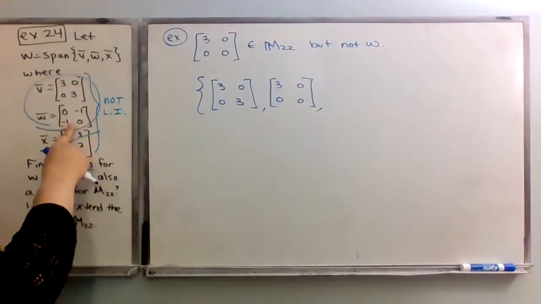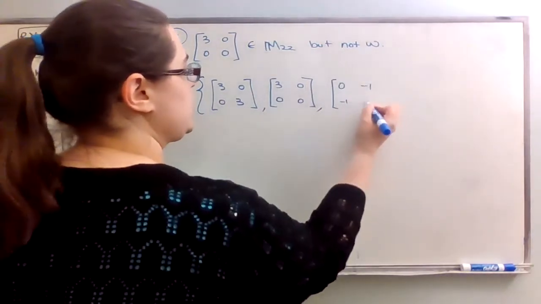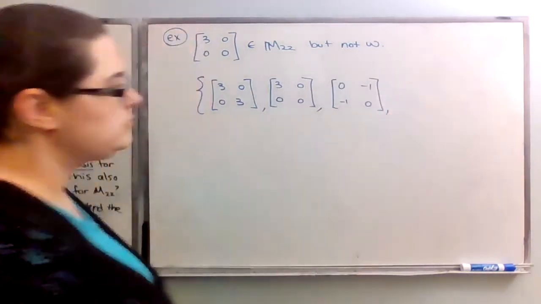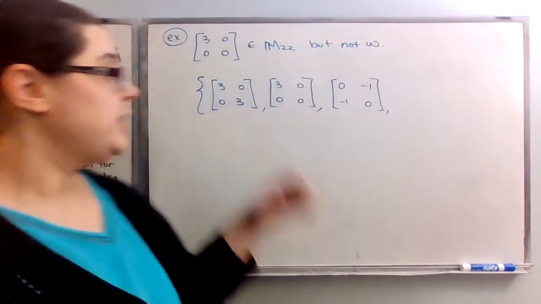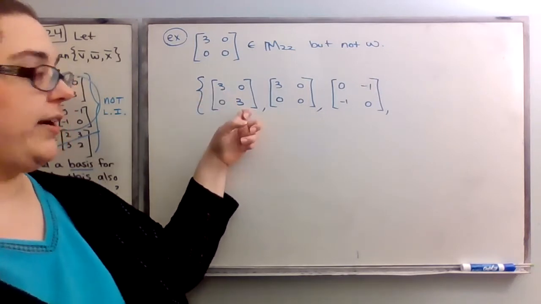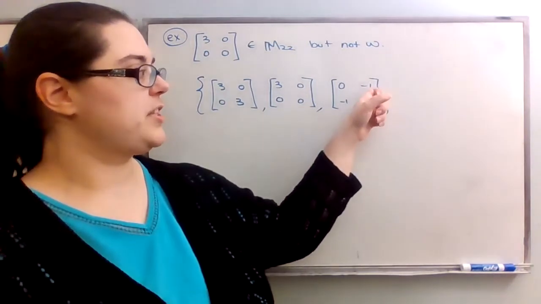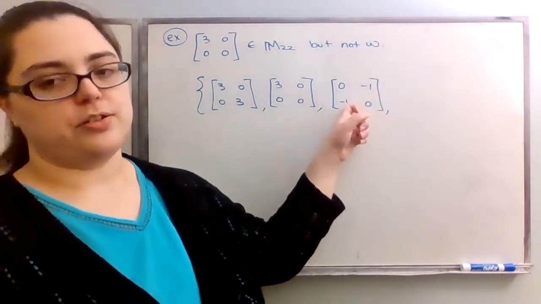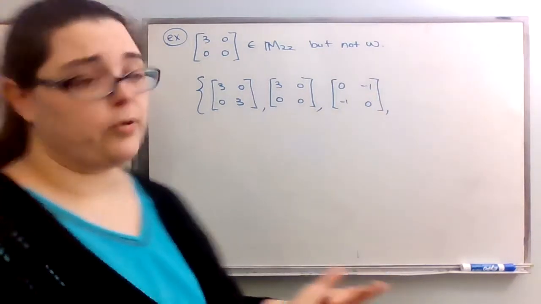We also have W, which is 0, -1, -1, 0. And this matrix is going to create a similar problem that this matrix did, where whatever the top left had to be, the bottom right also had to be. Here we have a situation where whatever's in the top right also has to be in the bottom left. So I have to accommodate for that somehow, right?